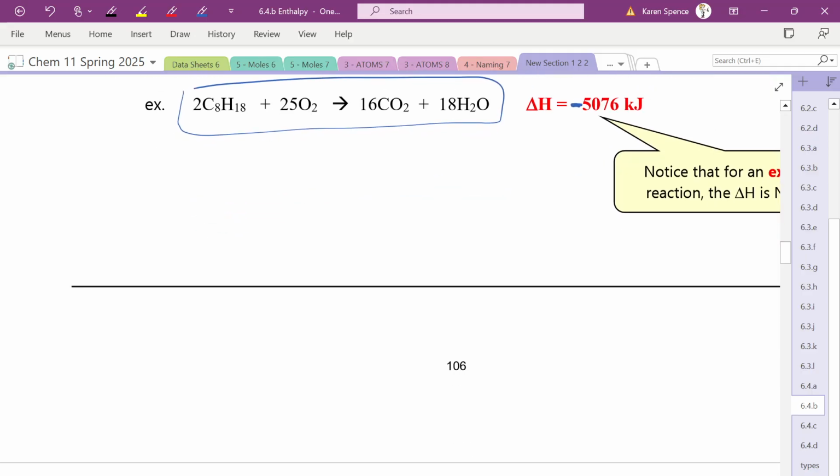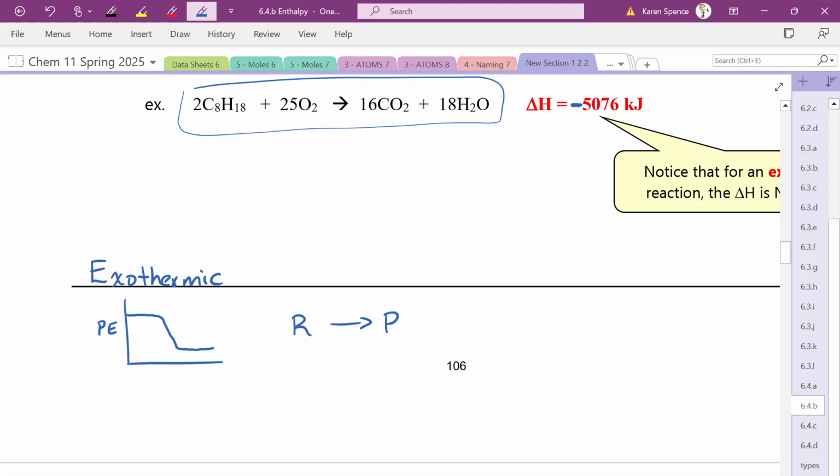So what we can do now is we can summarize that for exothermic, your graph, does it go up or down for an exothermic reaction? It will go down. If you've got your reactants and you've got your products, where do the kilojoules go?